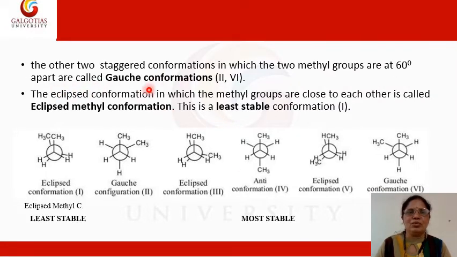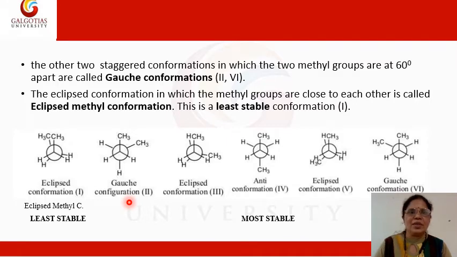Similarly, when the two methyl groups in a staggered conformation are 60 degrees apart, they are called the Gauche conformations, and there are two such structures possible, the second and the sixth, because in these the two methyl groups are 60 degrees apart.